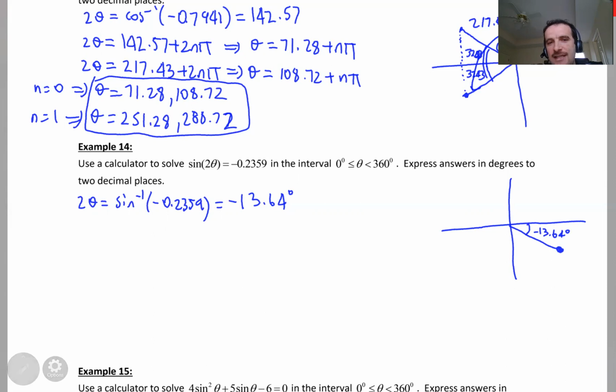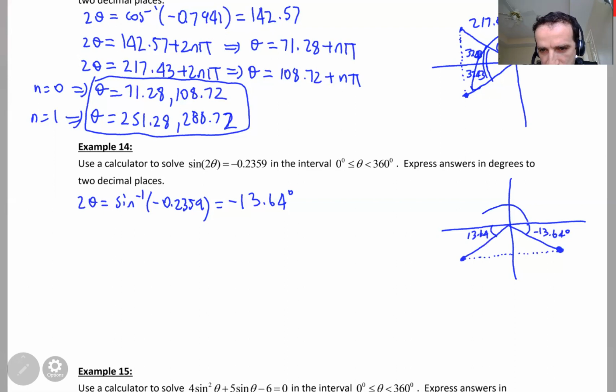And since sine is negative in the third and fourth quadrants, the other angle should be in the third quadrant. To find that, again, find the symmetry of this point through the y-axis, and of course this angle is again 13.64.